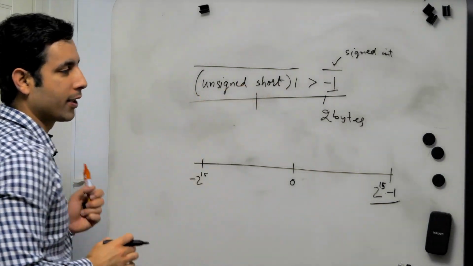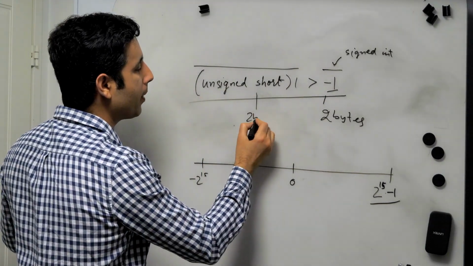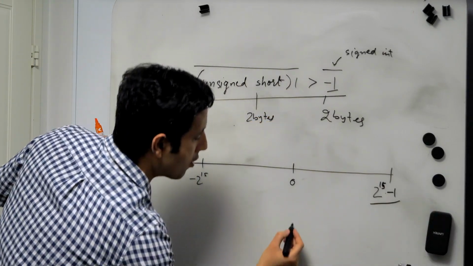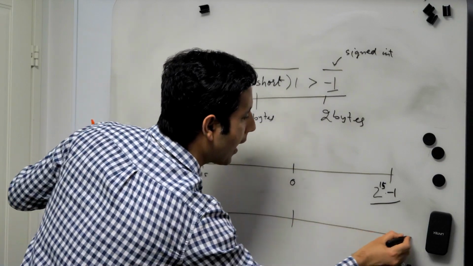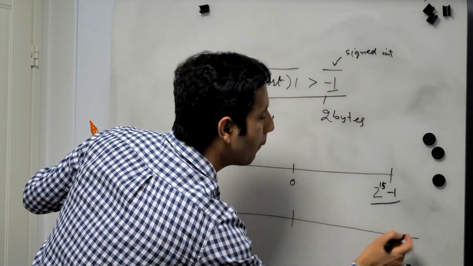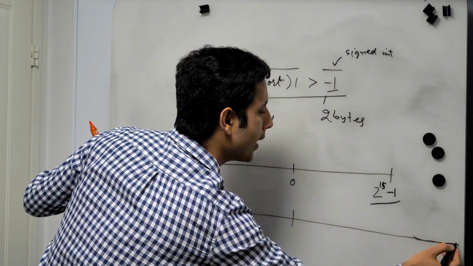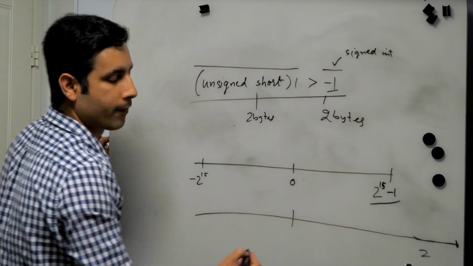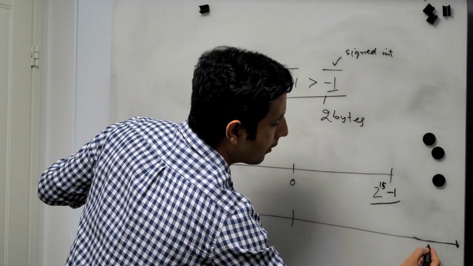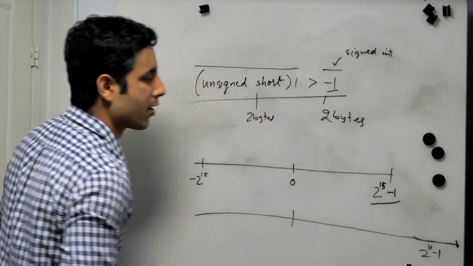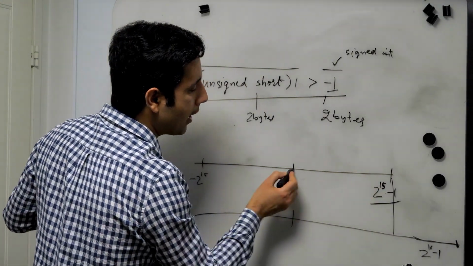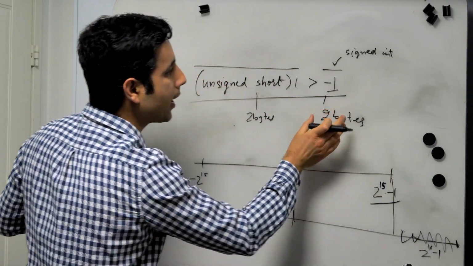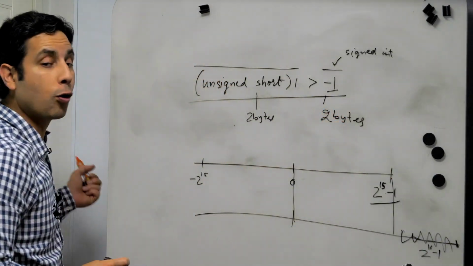Unsigned short on the same implementation is 2 bytes. So the range of values it will have would be far higher on the positive side. It would be somewhat around 2 raised to power 16 minus 1. So there is this range of values here which can't be represented if the signed integer is 2 bytes.